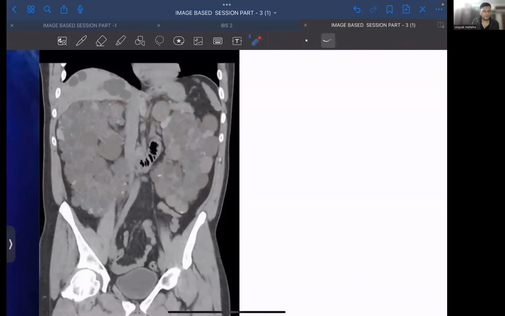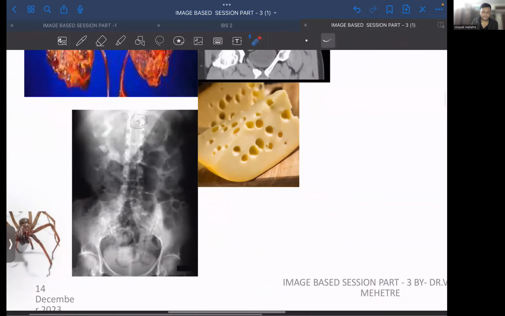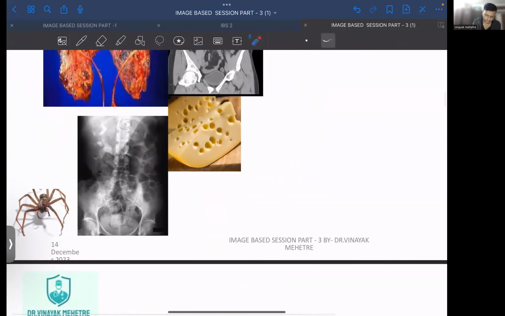If you are going to get an X-ray, what are you going to see? An insect with the legs. That is called spider leg appearance.